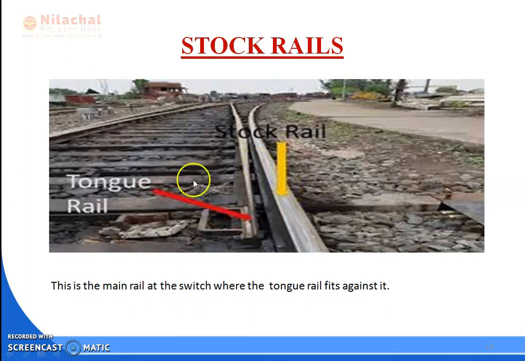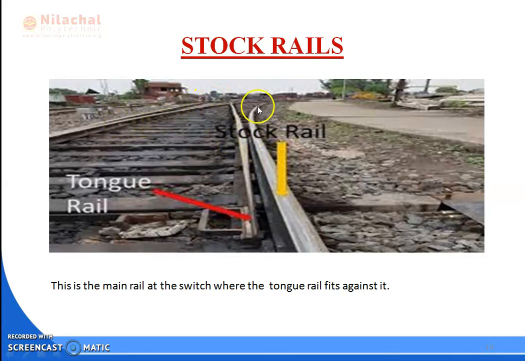But whenever your train moves, or whenever your train changes its track from one track to another track, changes its direction, here see the picture, this is a main line and this is also a main line. But inside that there are two tongue rails provided inside the main rail, because this is provided to change the track.